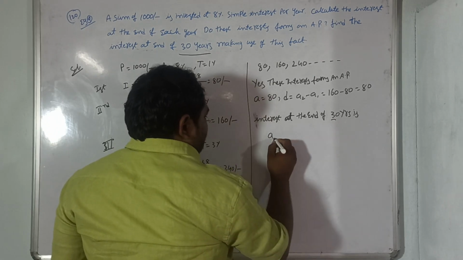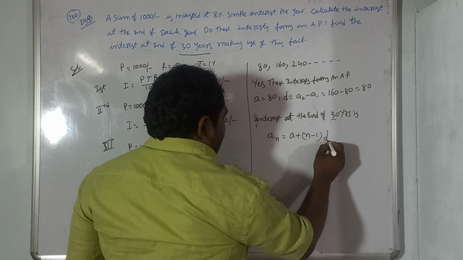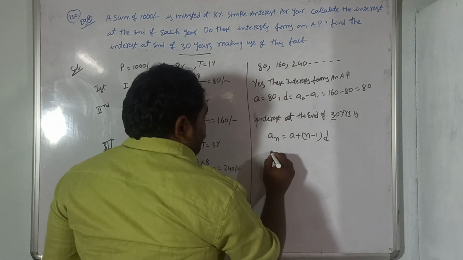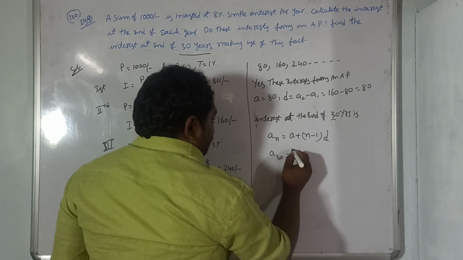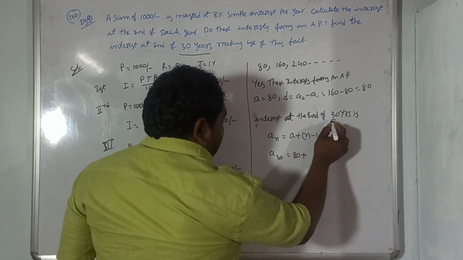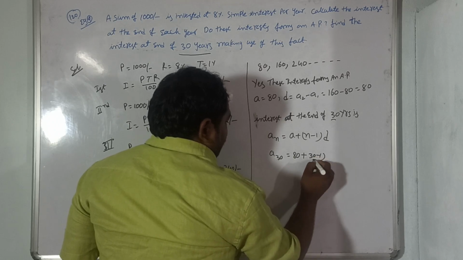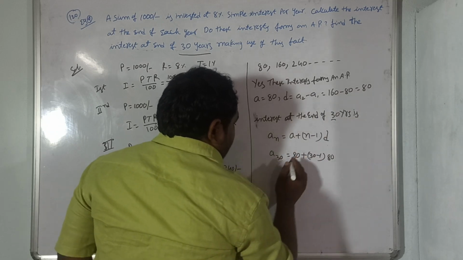Now we have the nth term of an AP: an equals a plus n minus 1 into d. Here we have to calculate a30, which equals a is 80 here, plus n is 30 minus 1, d is 80.